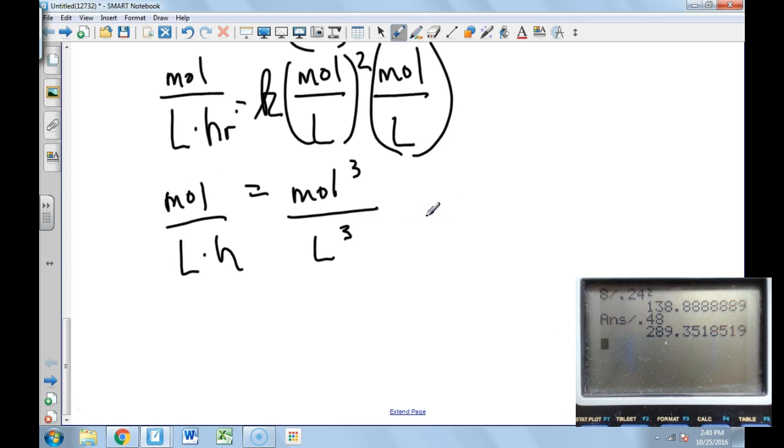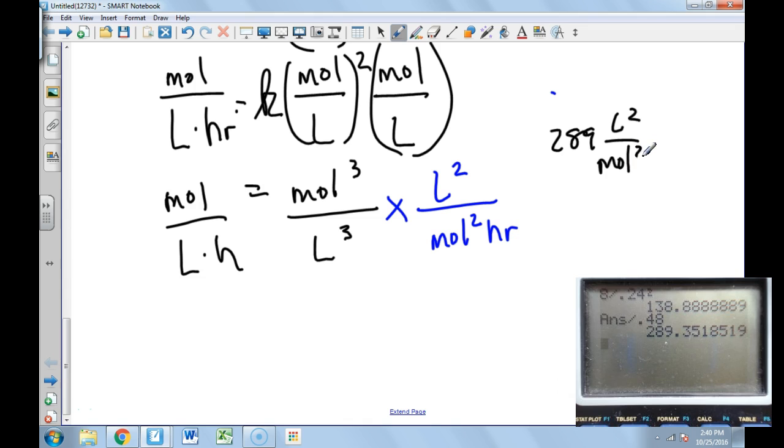So that means K has to be liters squared over moles squared hours. So your unit for part B of this problem is this, and your answer is going to be 289 liters squared per mole squared hour.